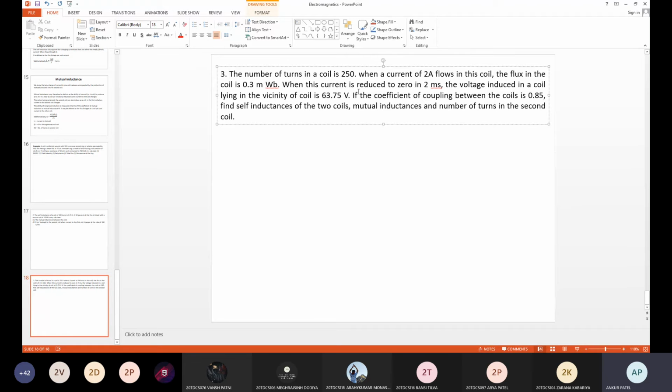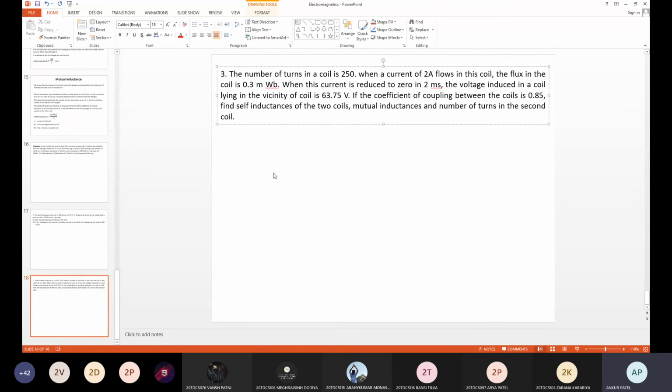When this current is reduced to 0 in 2 milliseconds, the voltage induced in a coil lying in the vicinity of the coil is 63.75 volt. If the coefficient of coupling between the coils is 0.85, find the self-inductance of the two coils, mutual inductance, and the number of turns in the second coil.